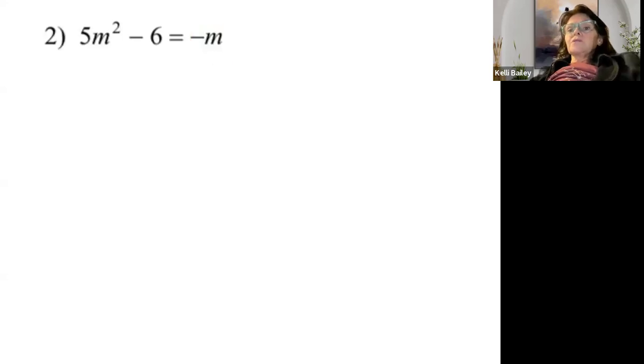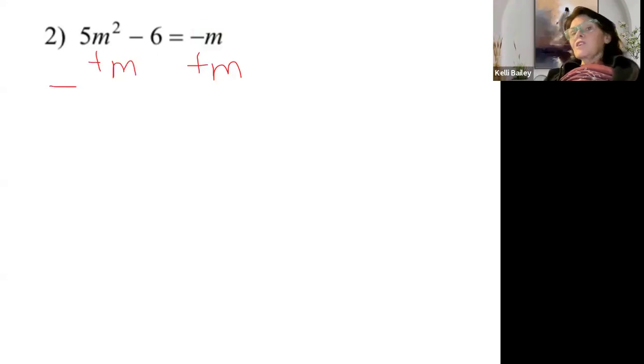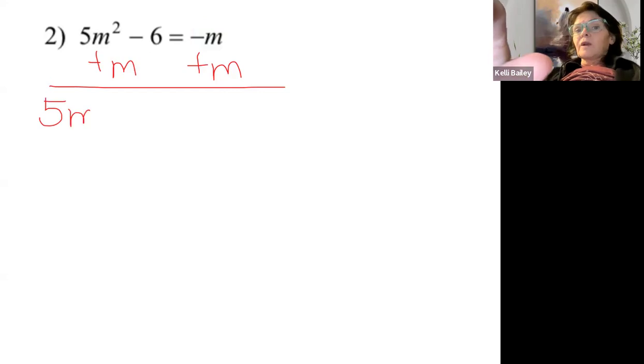What I'm going to do to get rid of that is go plus m. If you notice, there's no m term over here on the left, so I've got to squeeze it in between there. So 5m squared plus 1m minus 6 equals 0.